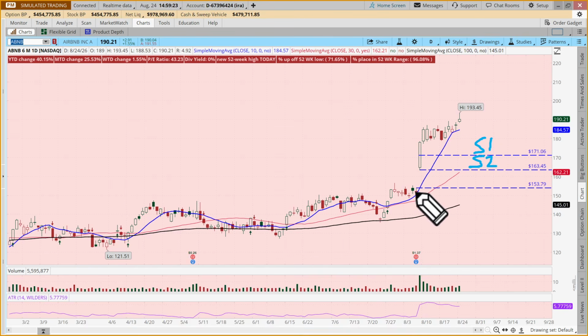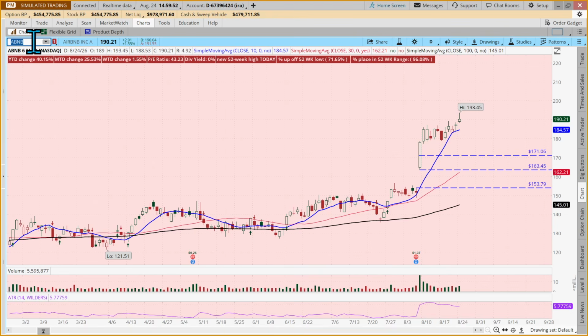And if it comes down to where it gapped from, support level 3. If it were to go below that, that would be considered a failed gap. But this gapped up and has kept on running. In fact, today may have been another gap. Not a huge gap, but it moved to the upside and created a new high for this stock.